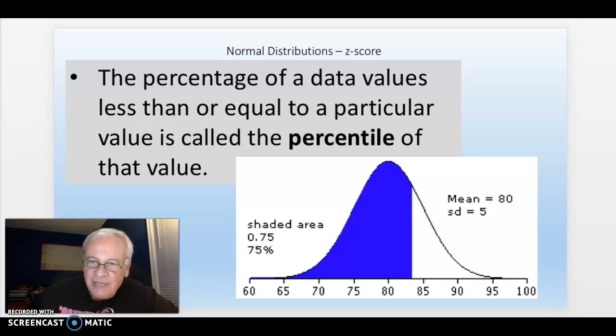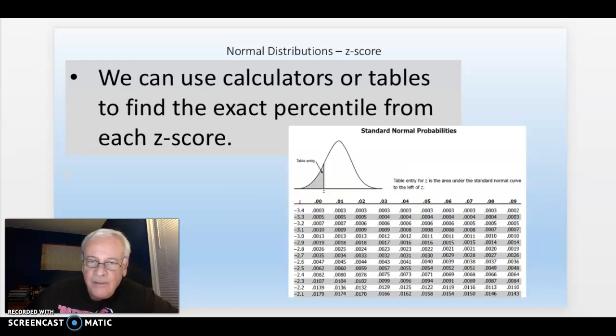And we can use calculators or tables to find the exact percentile from each z-score. Now, we're not going to do that this year, just because of the way that school is going here. But I wanted to show you that you can get it that way too.